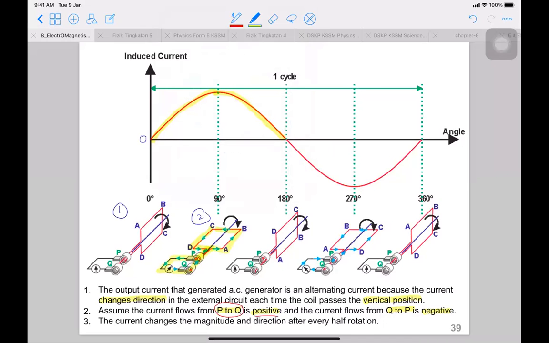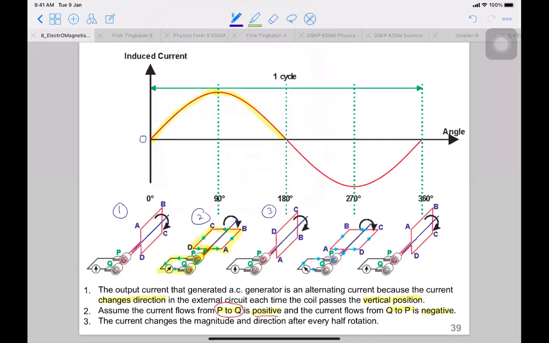The graph is drawn in the upper part, indicating that it is a positive direction. Okay, and then as it continues to rotate, the value of the induced current will slowly decrease until 0. Until 0 because it is in this vertical position again. No cutting of magnetic flux, no induced current is produced. So the reading is 0 again at this part here.